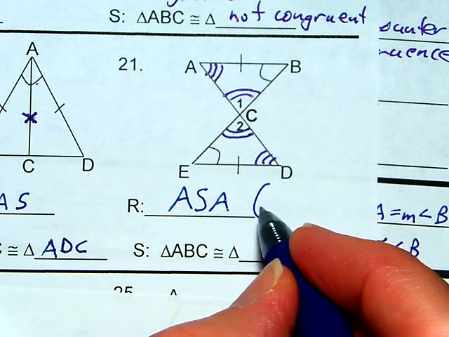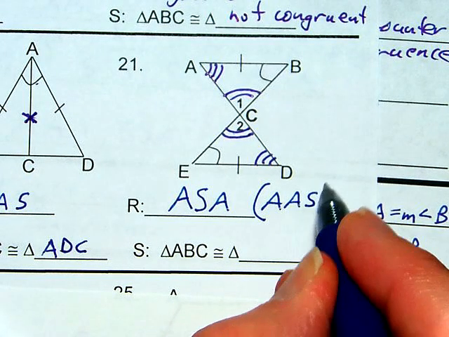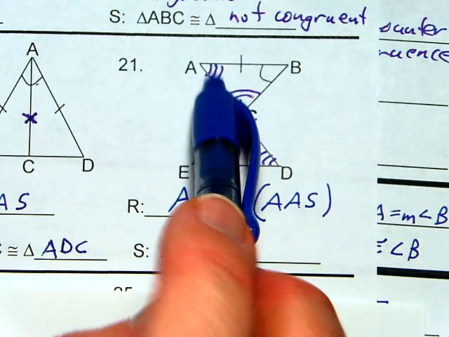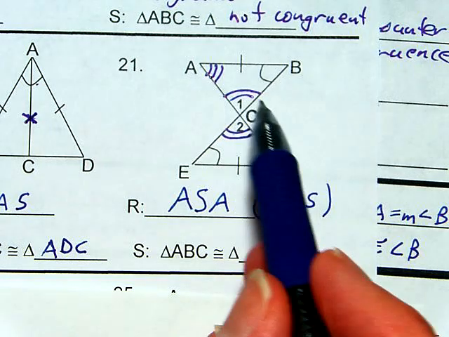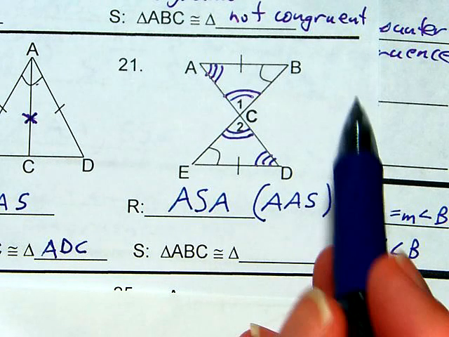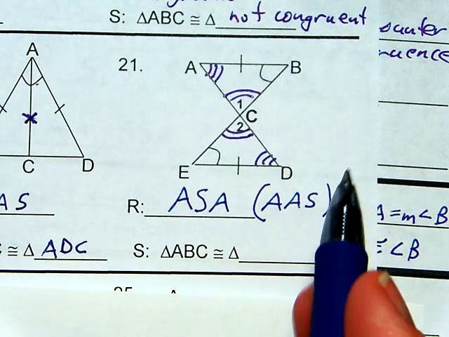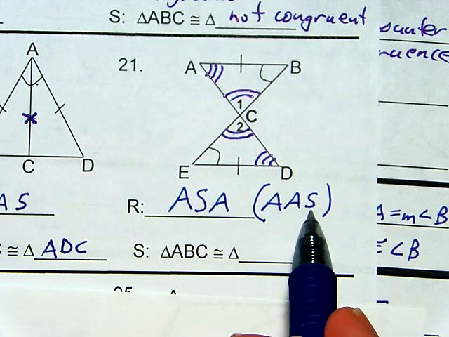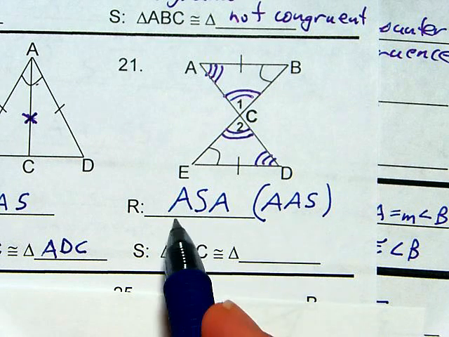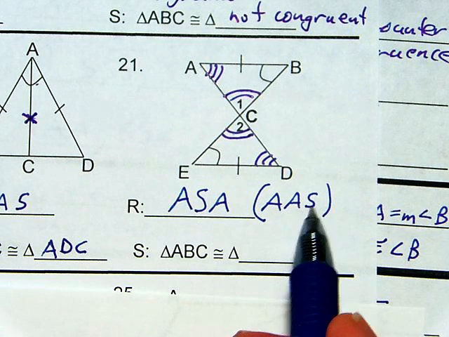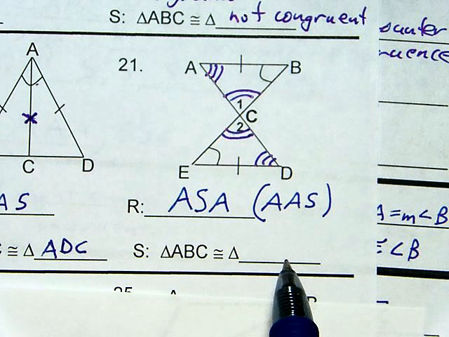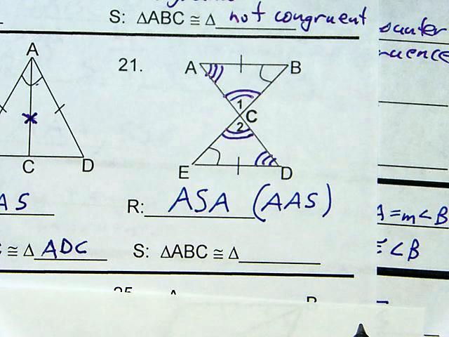And I'm going to put angle, angle, side in parentheses, because as you remember, we started out with angle, angle, side, and what we've really done in this little proof, which we didn't write out but reasoned out, is that angle, angle, side is always going to be equivalent to angle, side, angle, because that third angle, which ends up on the other side of the side, is always going to be congruent if the other two angles are.